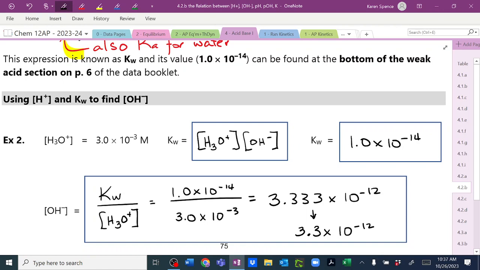Let's see if I did it right. Do you like that answer? Are you getting the same thing? Yeah? I'm not 100% happy with that answer. What did I forget?